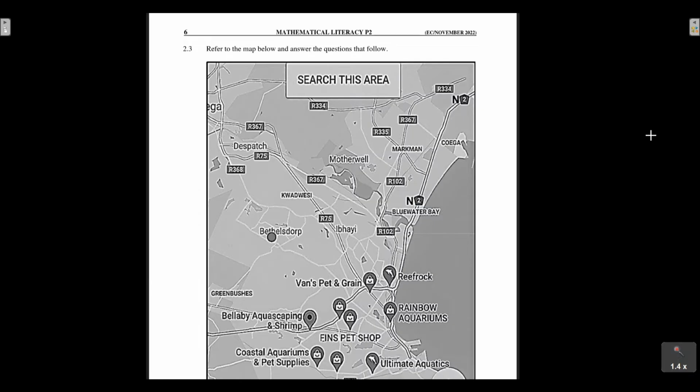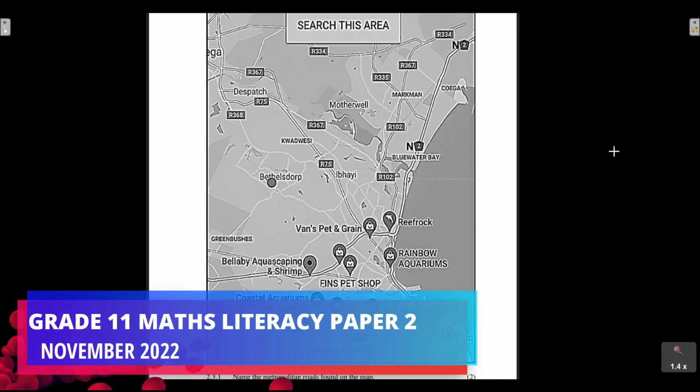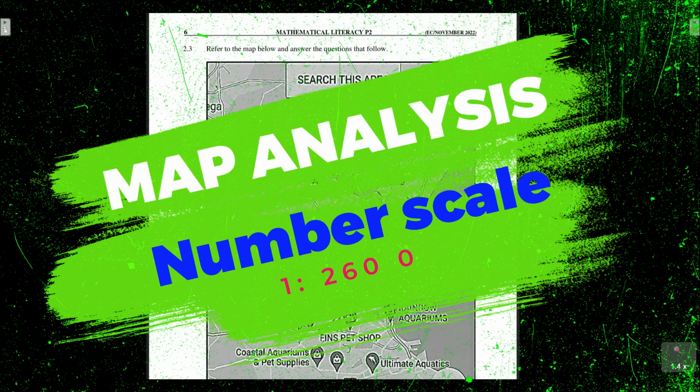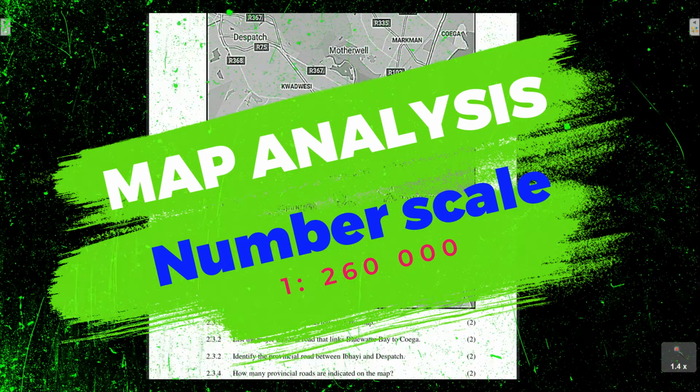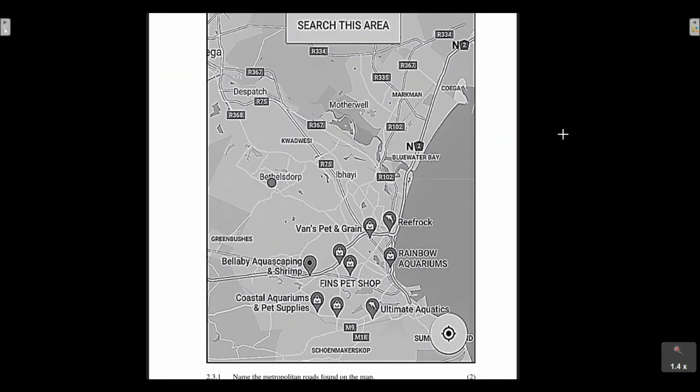So on today's video tutorial, grade 11s, we are still going through the grade 11 mathematical literacy paper 2 that was written in November 2022. And in this video tutorial, we're going to be tackling question 2.3, which deals with map work. We're going to be using this map that is given to us to answer questions and to also determine the number scale that is used here.